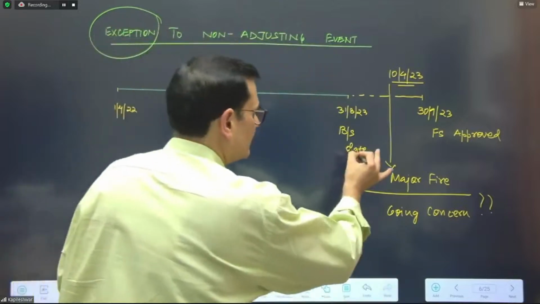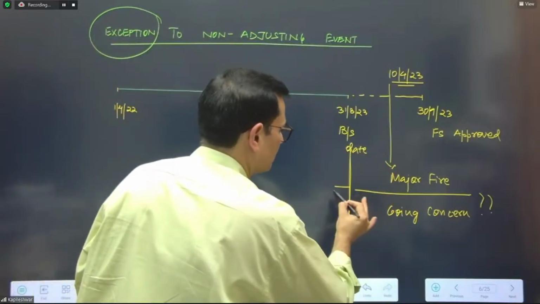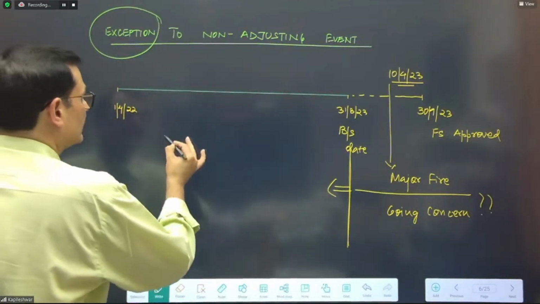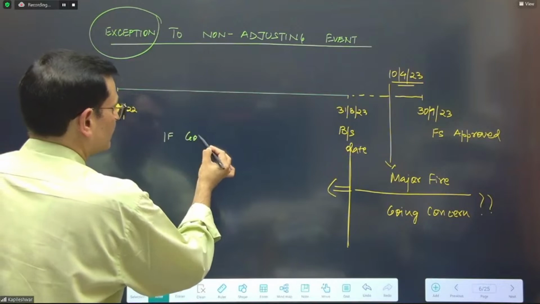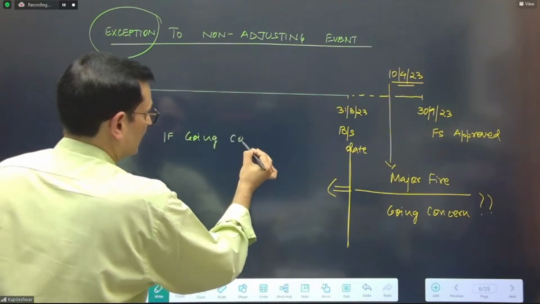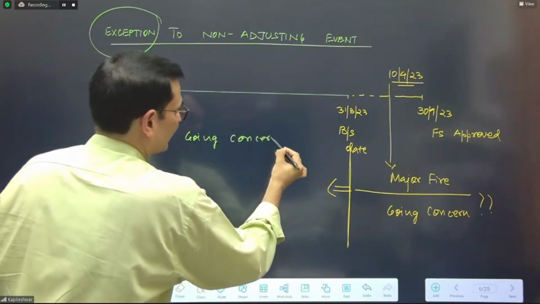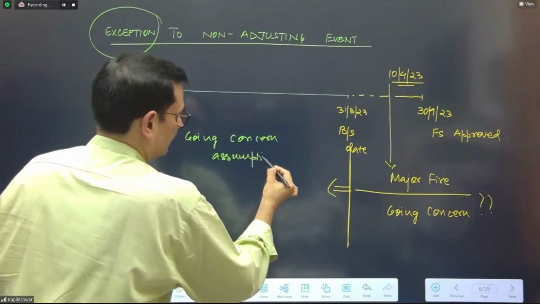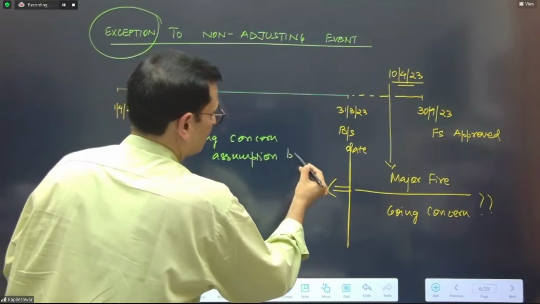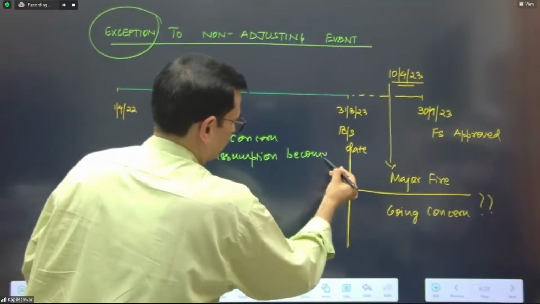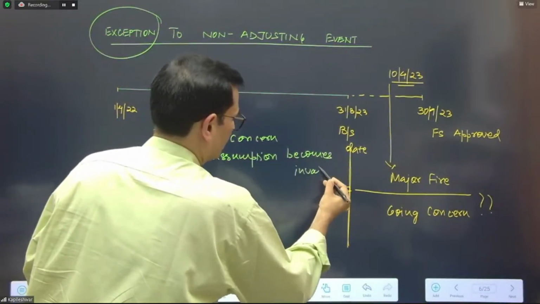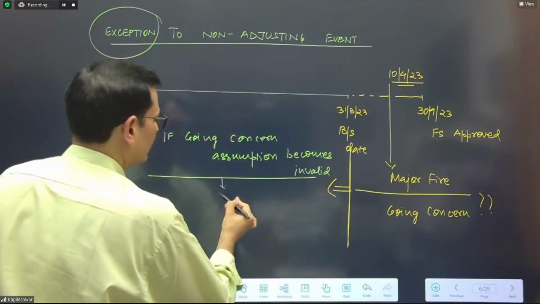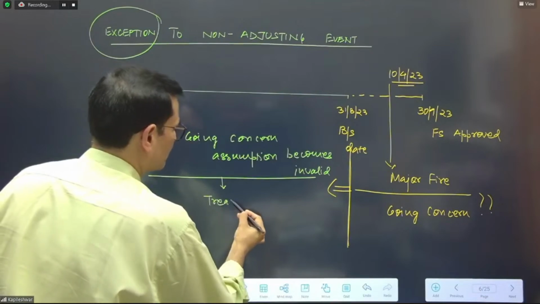So in this particular case, if the going concern assumption becomes invalid, so let me put it like this. If the going concern assumption becomes invalid, the moment the going concern assumption becomes invalid, in this particular case, it is treated as an adjusting event.